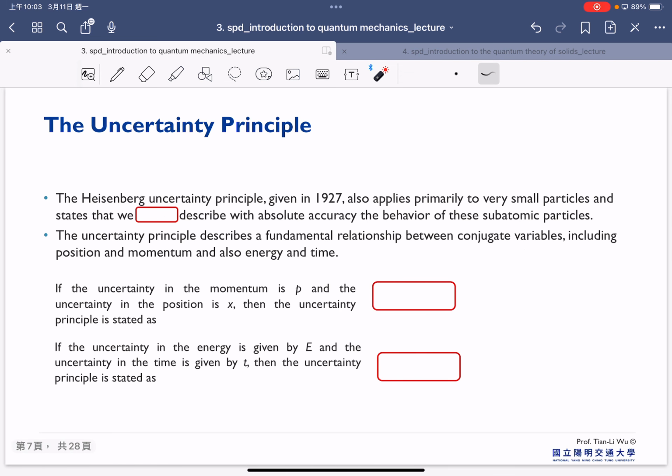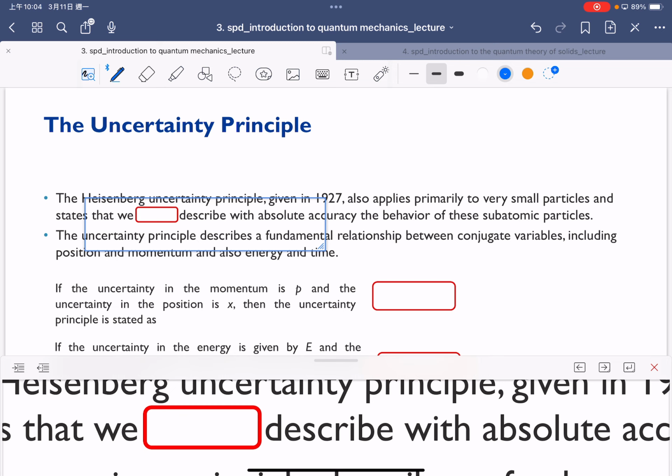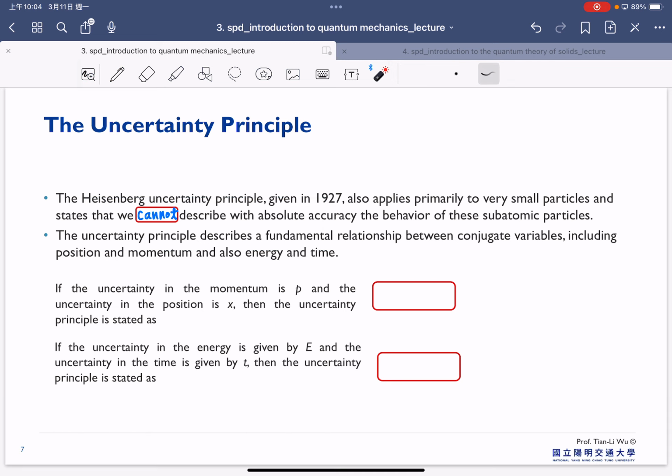And the next one, I think everyone should have heard about already. It's called the uncertainty principle. The Heisenberg uncertainty principle, given in 1927, applied primarily to very small particles and states that we cannot describe with absolute accuracy the behavior of these subatomic particles.